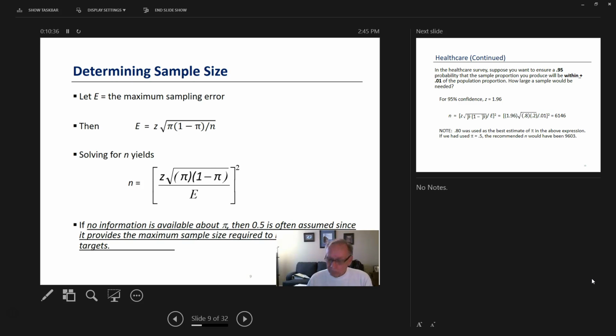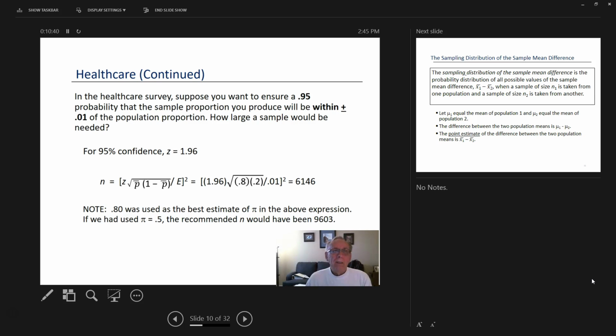Square that, gives a sample size. So, in a healthcare survey, suppose you had to ensure a 95% probability that the sample proportion you produce will be within 1%. How large a sample would you have to have?